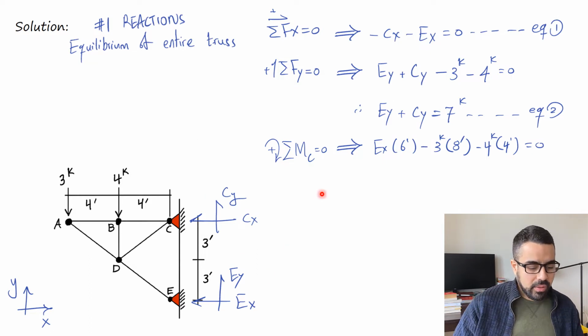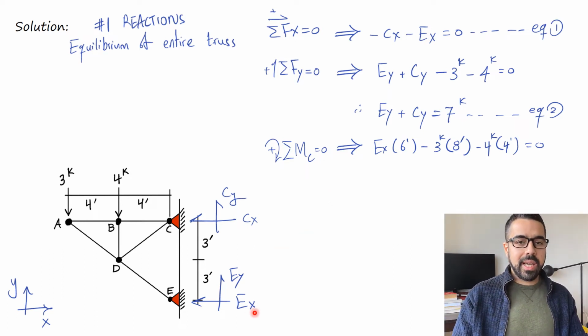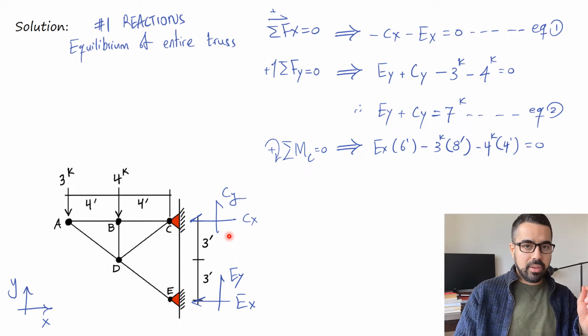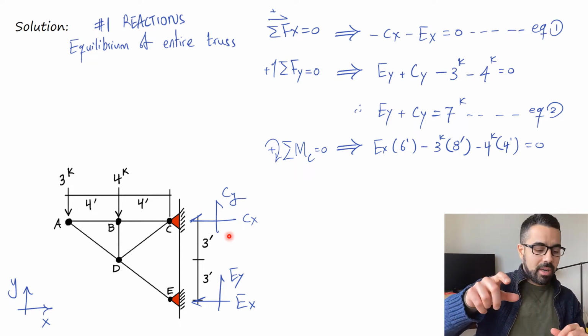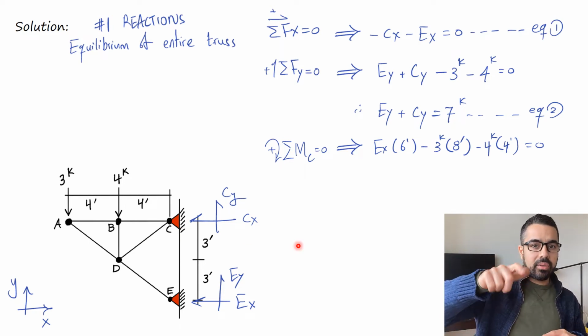The fastest way I think to determine if it's clockwise or counterclockwise is this: for example, here we have the force EX. I go to the point where we're taking the moment about, which is C in this case, and add a force that is the opposite of EX, and then do a rotation.